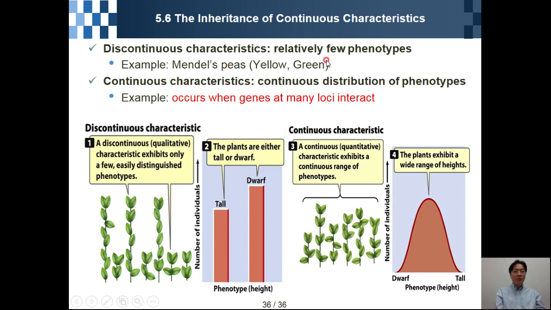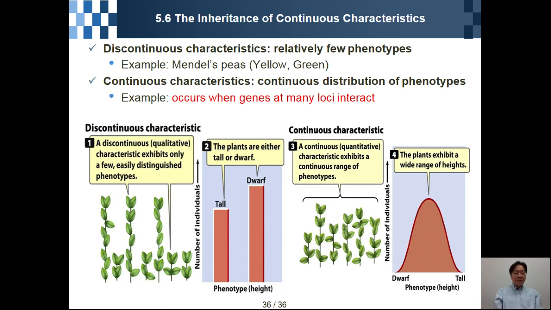They have two phenotypes. Another example of Mendel's pea: some of them have tall size, some of them have dwarf, short size. So Mendel's peas have two phenotypes, one is tall, the other is dwarf, very small. This is the discontinuous characteristic.